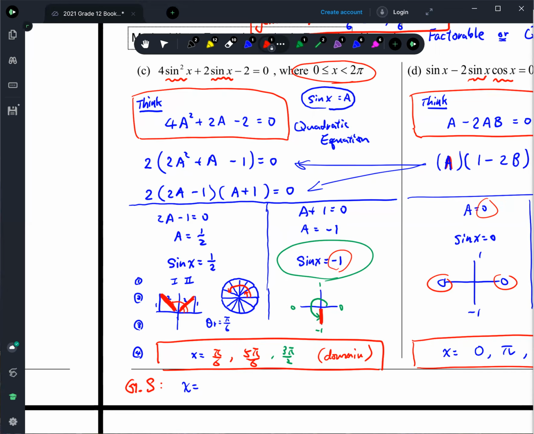General solution, don't think of it as a very complicated thing. All you need to do is add 2 pi n, because it takes a full circle to get back to the same place. So you just add 2 pi n to your original angle.